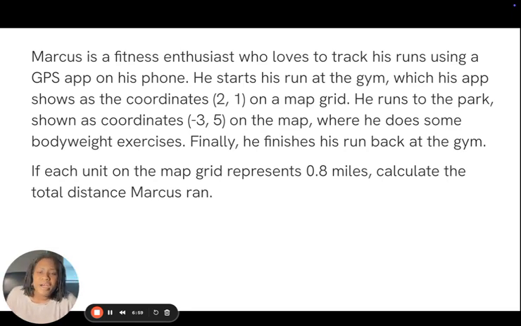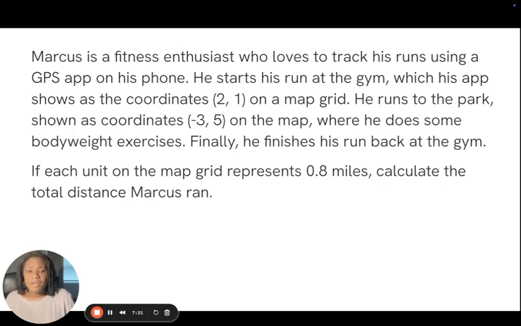So we have a practice problem right here. Marcus is a fitness enthusiast who loves to track his runs using a GPS app on his phone. He starts his run at the gym, which his app shows as coordinates of 2 and 1 on a map grid. He runs to the park, shown as coordinates -3 and 5 on the map, where he does some body weight exercises.